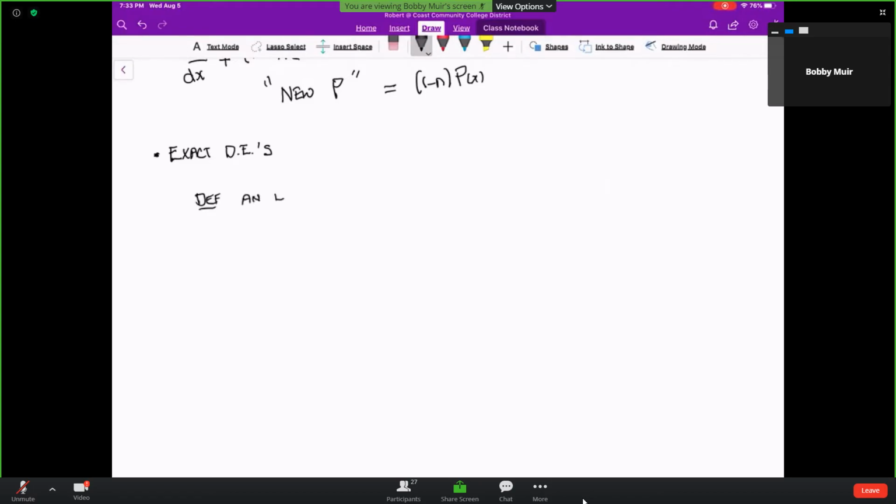Okay. So definition. An expression of the form m of x,y dx plus n of x,y dy equaling 0 is called a differential one form.